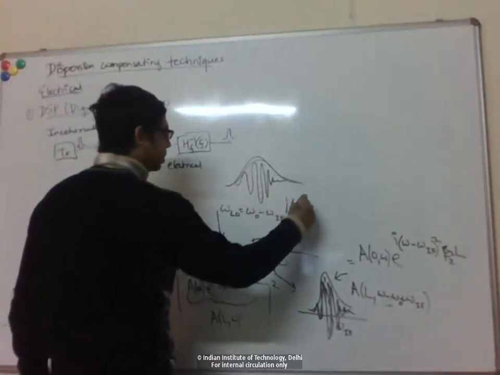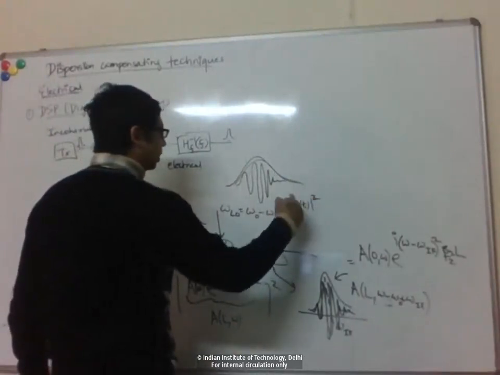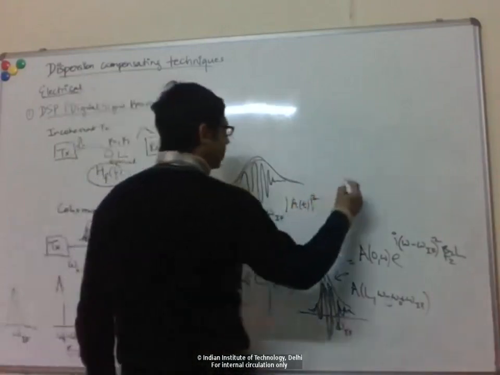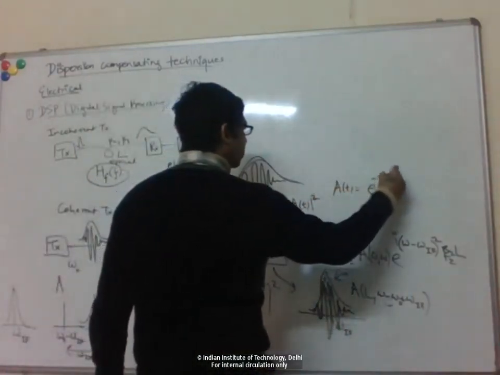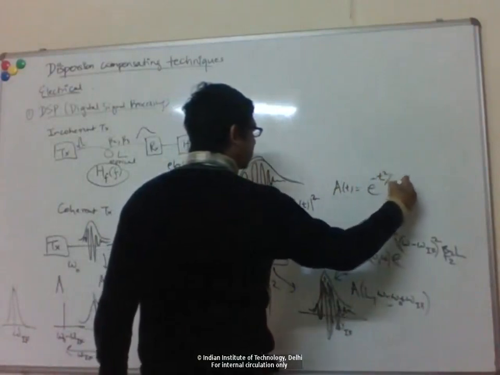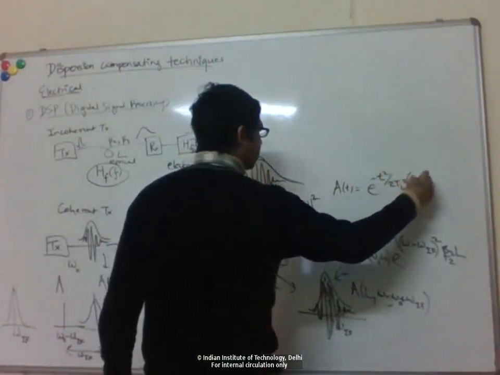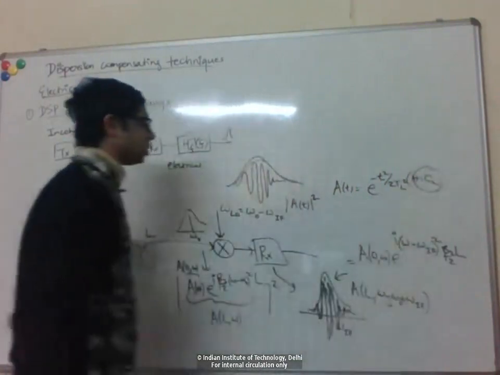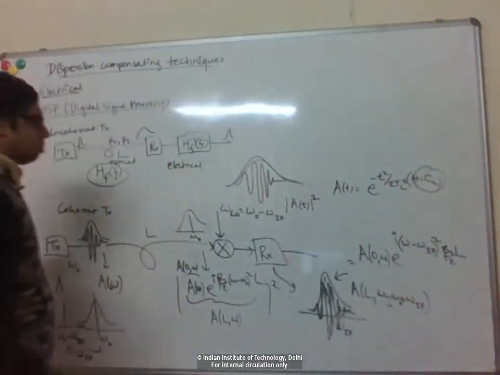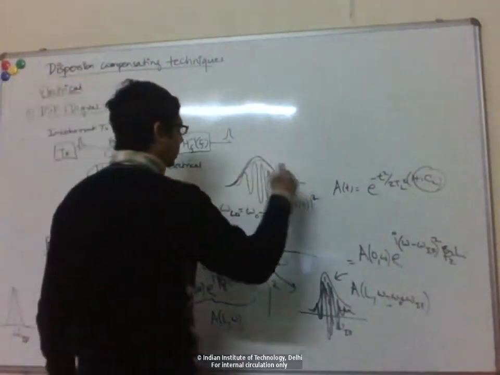So I just measure the mod AT square. And so recall that the actual pulse is something like e to the minus t square by TL square, and then there's a chirp here, right? So basically I lose this phase information, right? So I'm just measuring the envelope here.